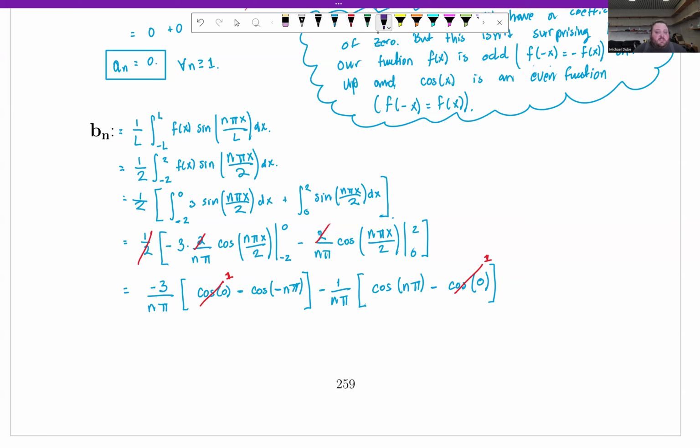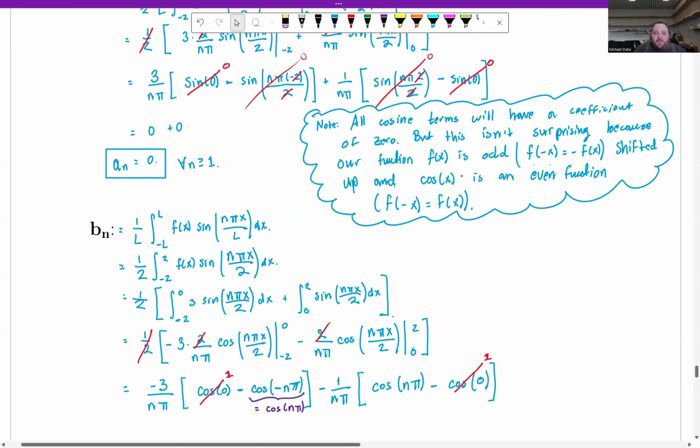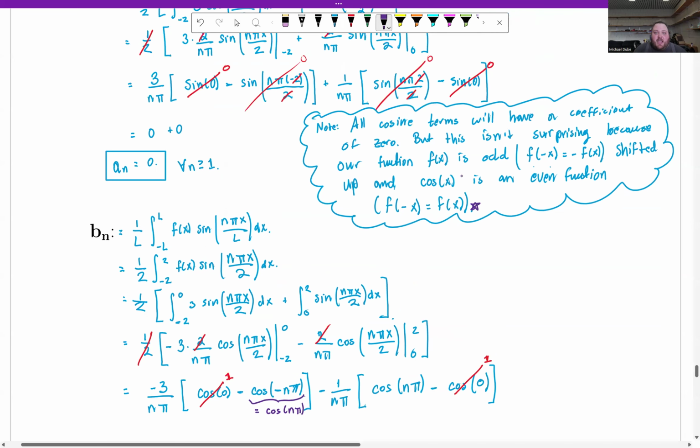But the first step of simplifying this a bit is I am going to replace cos of negative n pi with cos of n pi, right? Because cos is an even function. So once we have up here, cos is an even function. And so let's highlight this. That's how I did this replacement right here.